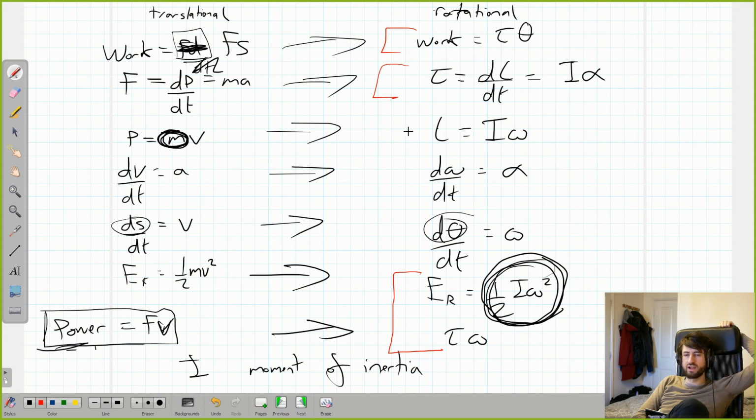You're not really worried about momentum, but you can get it during collisions. You can get the collision velocity and stuff like that, so you can multiply that by the mass to tell how hard something smashed into another thing. We're very interested in these ones. Angles, so the angle in radians, the omega.